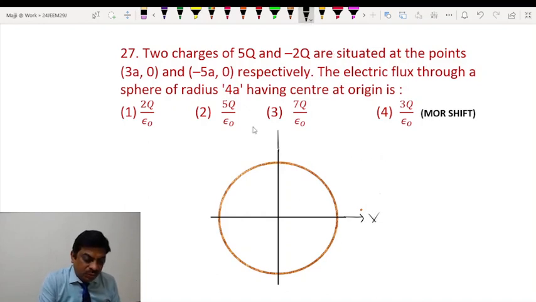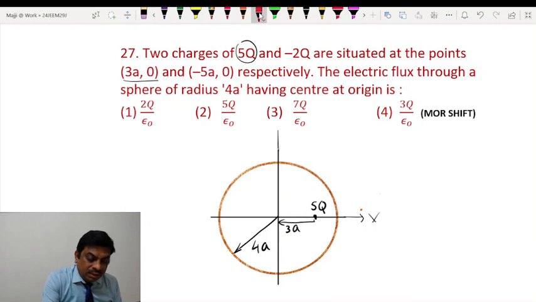Now there are two charges. One is 5q located at 3a0. So 3a0 will be somewhere here, students, because the radius is clearly given as 4a. So 3a would be a point which is inside the sphere. Then the next charge is minus 2q, which is minus 5a0. So minus 5a should be somewhere here, students. So 5a below the origin here.